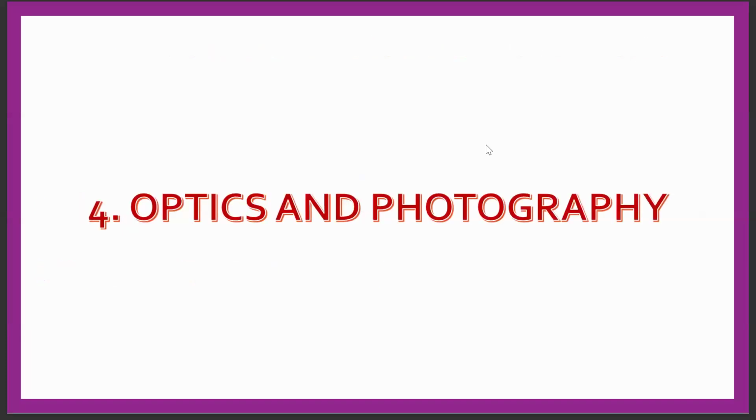Optics and photography. In photography, for any photographer, the zoom is very important. If we have a figure on our screen, we can zoom it and see it in the same proportion in zoom mode, and we can minimize it in the same proportion.